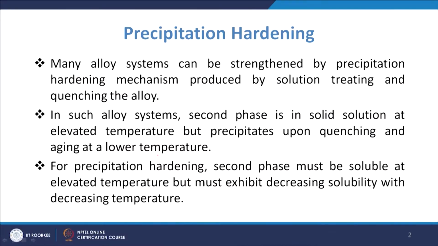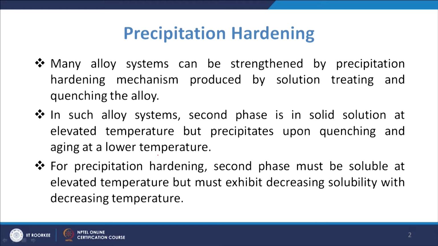When we do the aging at somewhat lower temperature, there is precipitation. So, for precipitation hardening, the second phase must be soluble at elevated temperature, but must exhibit decreasing solubility with decreasing temperature. That should be the condition.